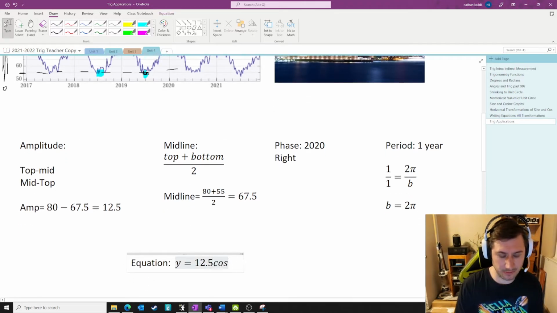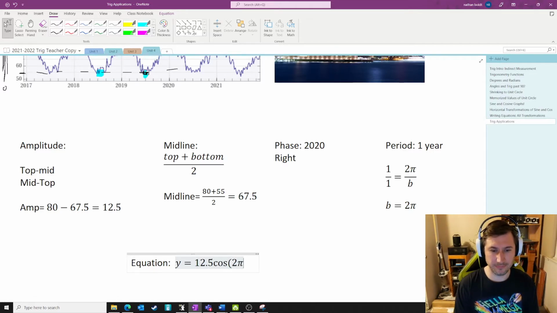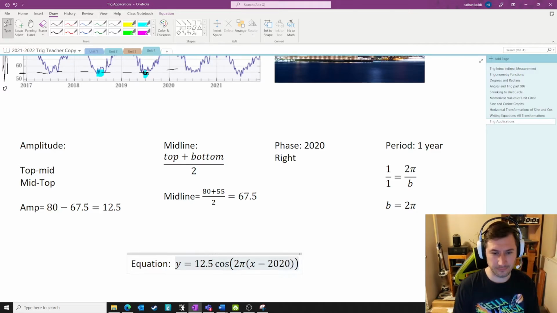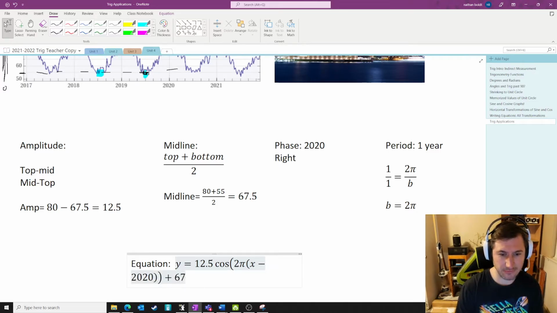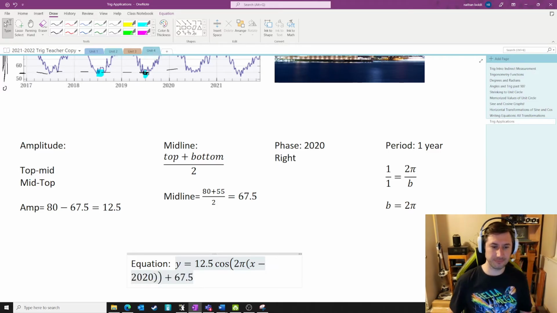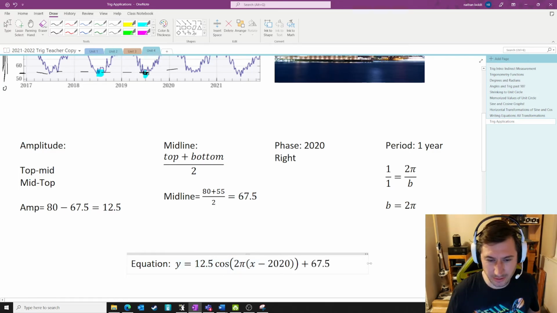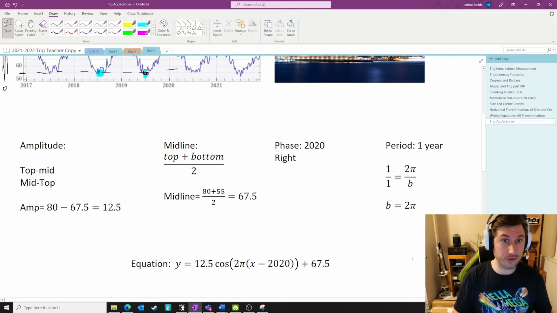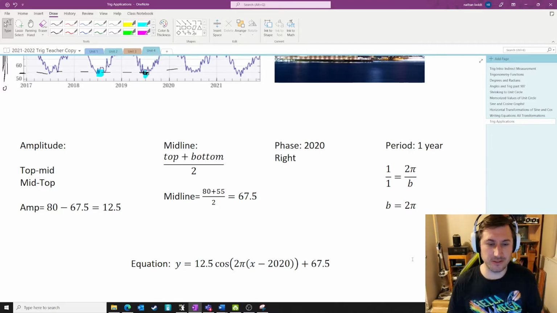This is positive cosine. My b value is 2 pi. X, let's see, we are going 2020 to the right, so that is minus 2020. And then my midline, plus 67.5. There is my equation to model the temperature throughout the year, over the years, of Sydney, Australia.